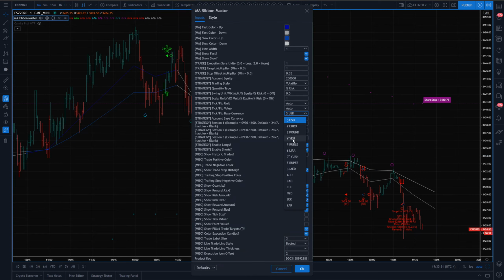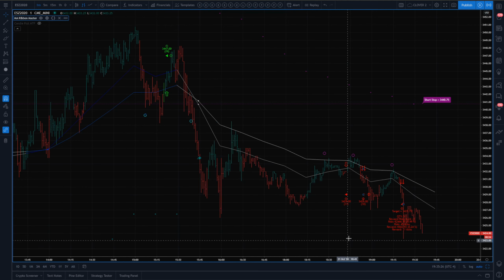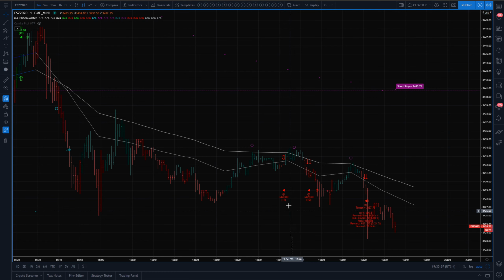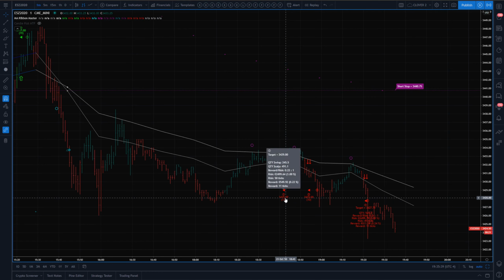Like let's say the tick currency was the yen. You should see my quantity adjust drastically because of this. It should go up something like 100-fold. So now it's telling me that I can take out 245 contracts for the swing, 491 contracts for the scalp, and that's because the USD/JPY exchange rate is something like 100 to 1.